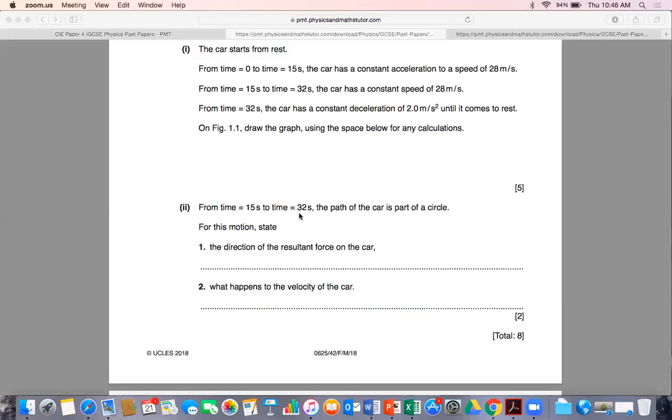The direction is changing constantly. So that is why the speed is the same, because the velocity continuously changes the direction of the car. Okay, so that's the answer. What happens to the velocity of the car? The velocity is continually changing its direction.